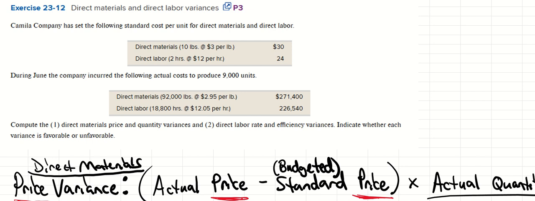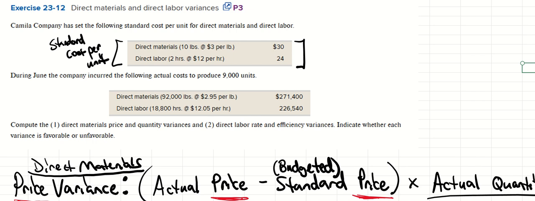So within this exercise, we have a couple of sets of data. I'm going to put the first set of data in brackets and label this as standard costs, so standard cost per unit.